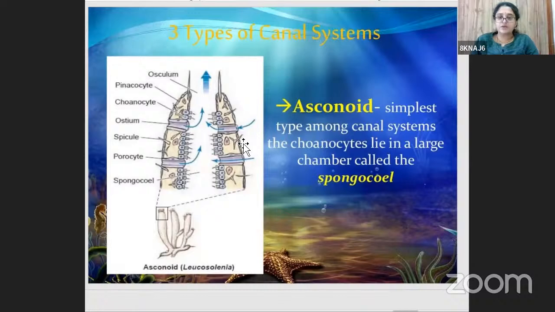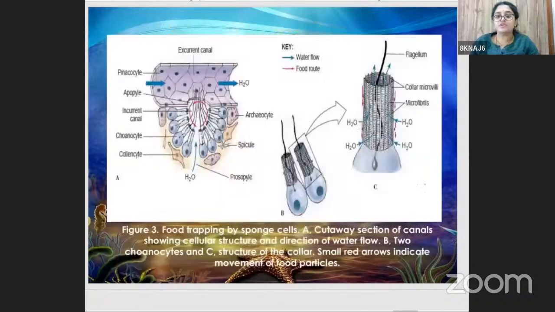When it comes to the choanocyte, let me see if I have a good picture of it. Right, this is the cross section of a choanocyte, in fact. So you can see that they represent choanoflagellate protozoans, such as Proterospongia. Therefore, they are also known as the choanocytes. The cell is oval or rounded, and it has a nucleus and a few contractile vacuoles and food vacuoles present inside it.